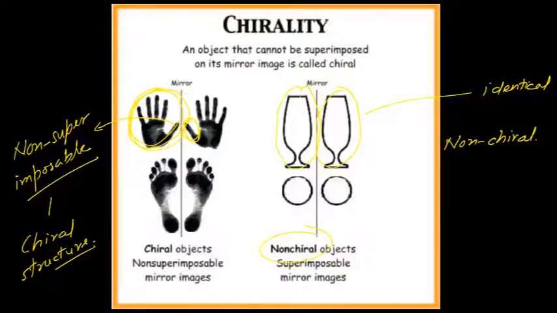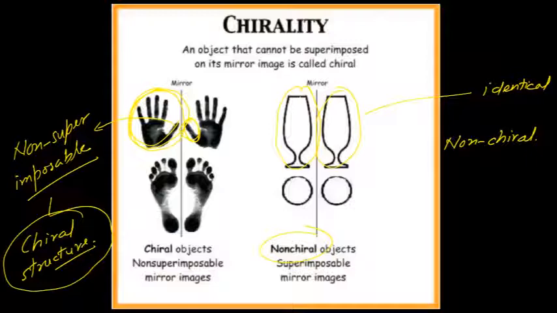Non-chiral means these compounds will not have all four substituent groups different. Chiral will have all four substituent groups different. So I'm writing this and you need to memorize all these things. We will be using these concepts. I'm just building the concepts so that we can use them later on.